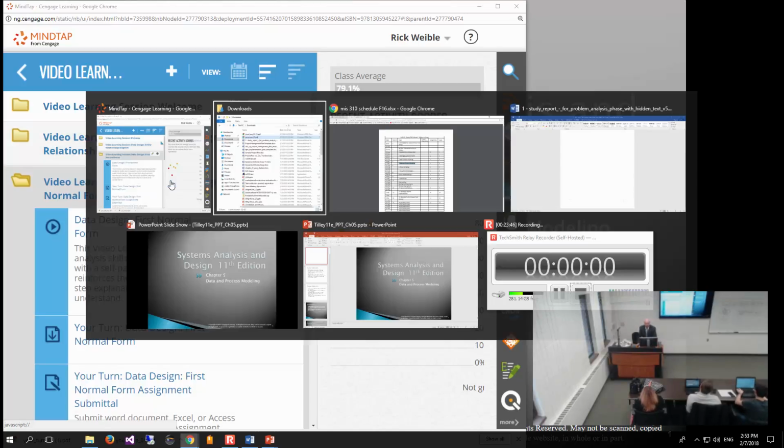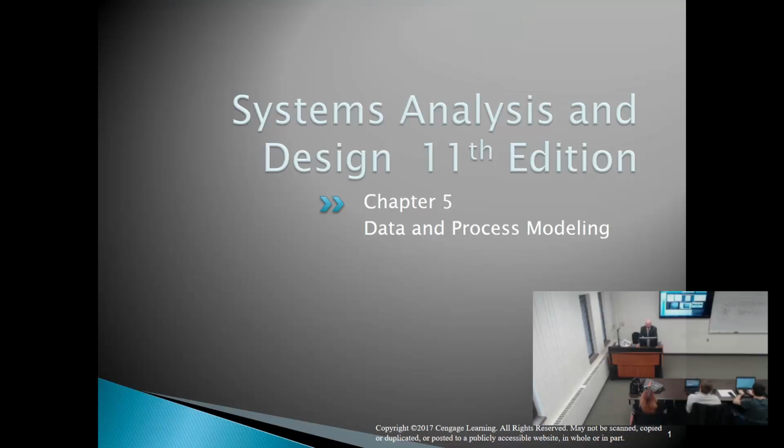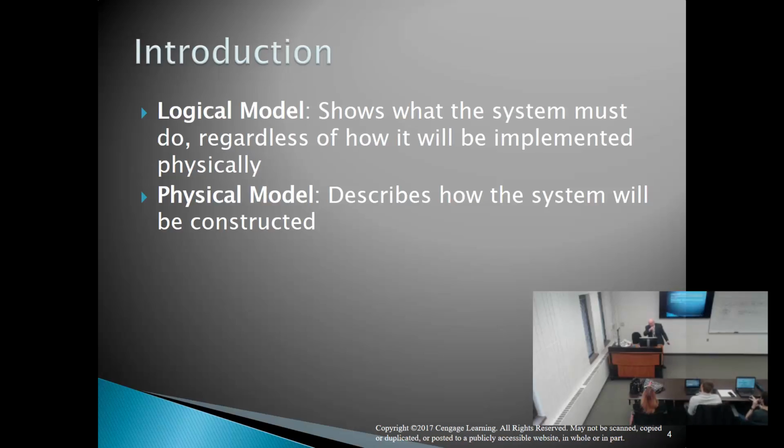Okay, let's talk about a few of the slides, and then we'll come back and look at another video or two. One of the things that you're going to see as a recurring theme is the difference between logical and physical.